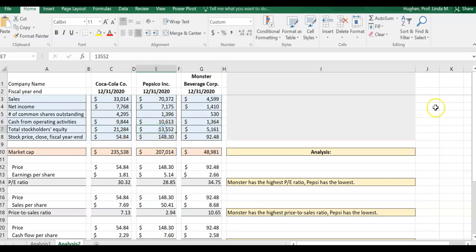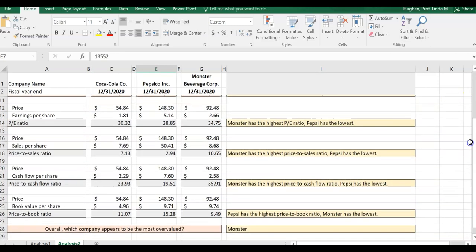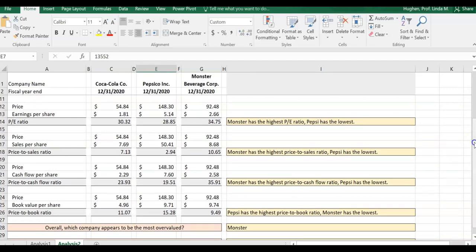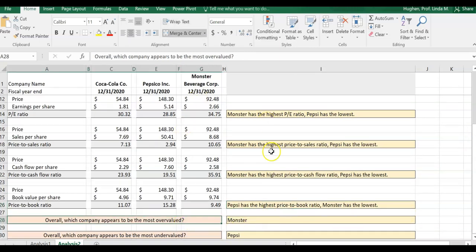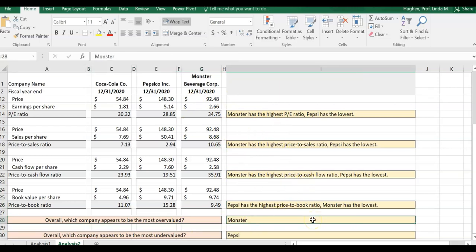So we know that Pepsi is highly levered, so I'm not too surprised that Pepsi has the highest price to book ratio since it has lower stockholders' equity. Monster has the lowest. So overall, based on multiple metrics, which company seems to be the most overvalued? Monster. Which seems to be the most undervalued? Pepsi. Again, caveat, do not make any investing decisions based on this analysis.